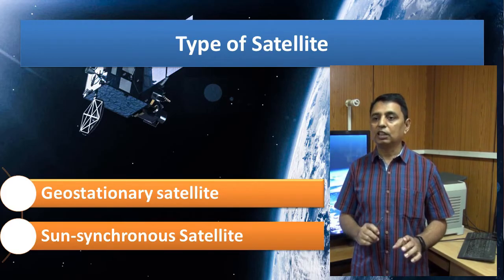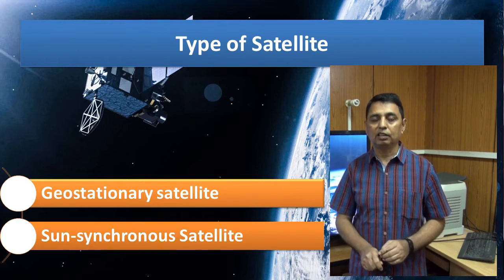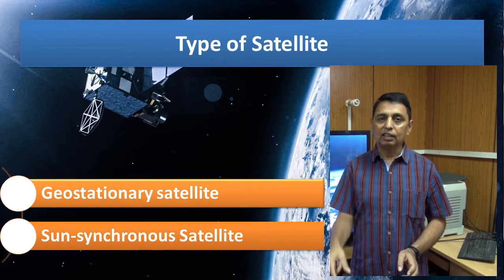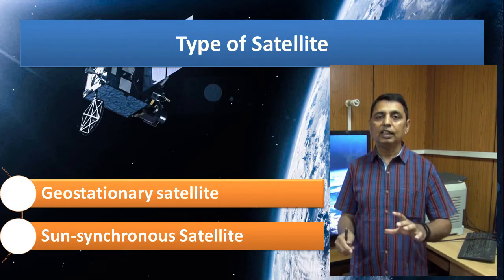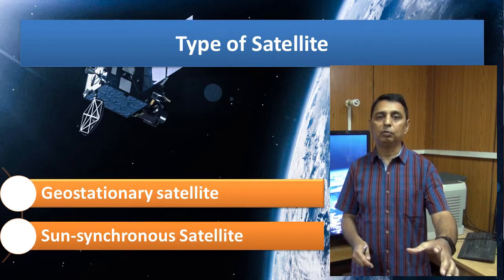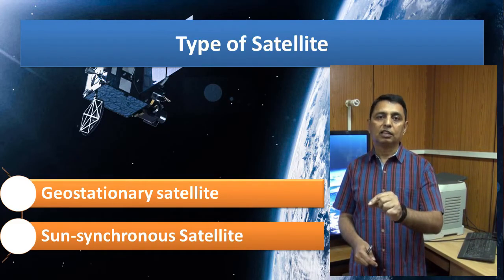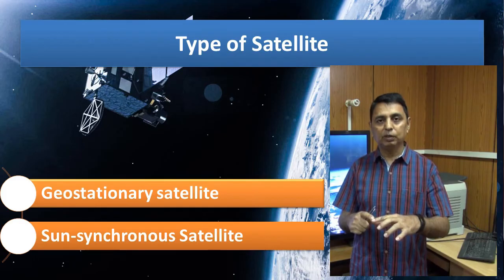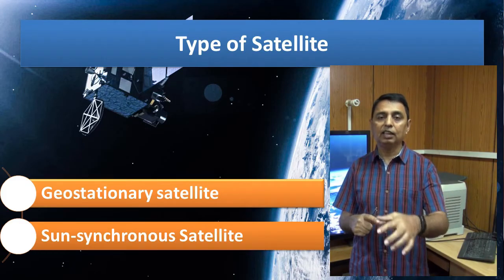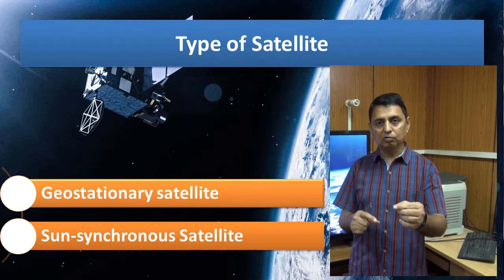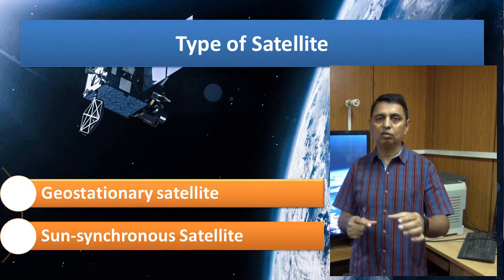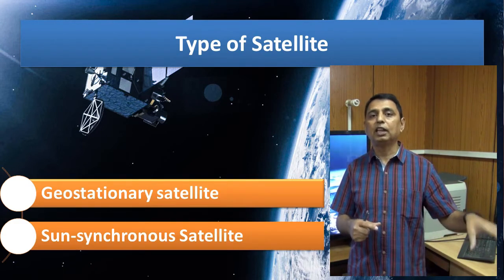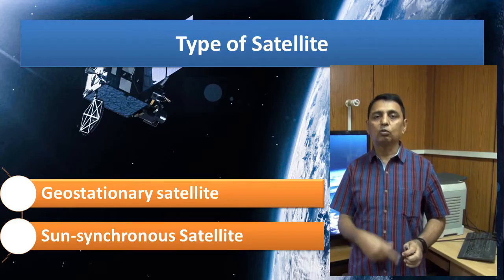Suppose one satellite's swath width is 900 kilometers. After the second revolution, it will move 900 kilometers, but some part will overlap. When the 900 kilometers are finished, again from that point, a few meters overlap, so again a 900 kilometer swath covers the Earth.